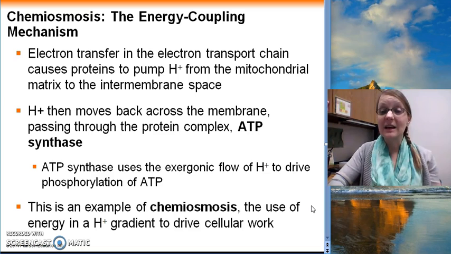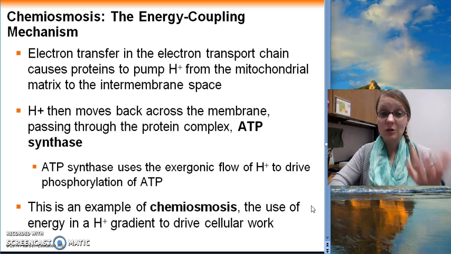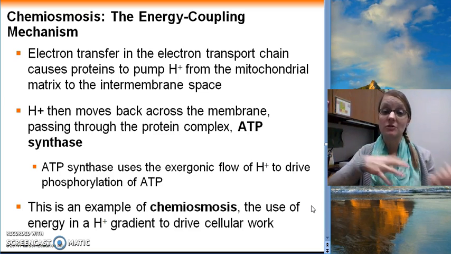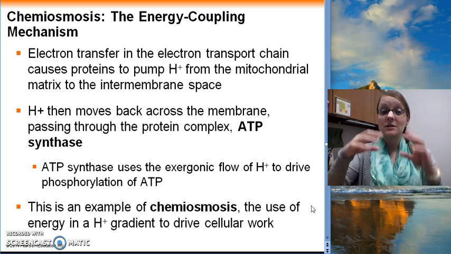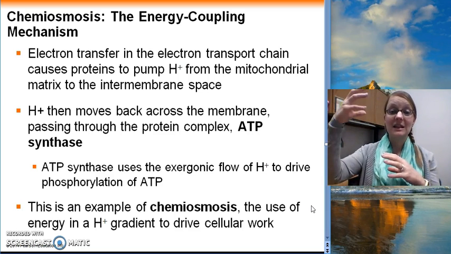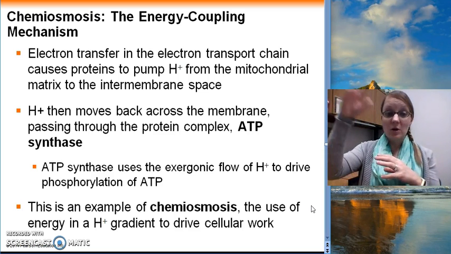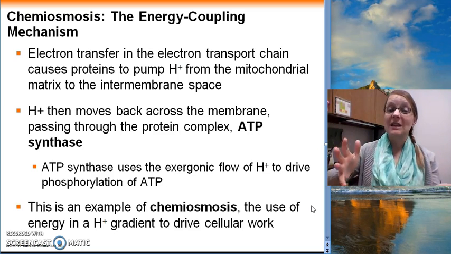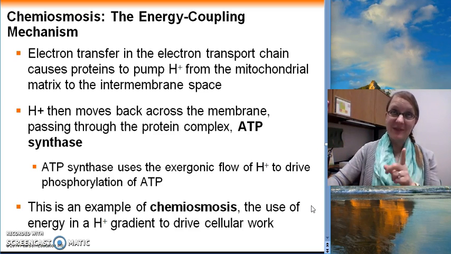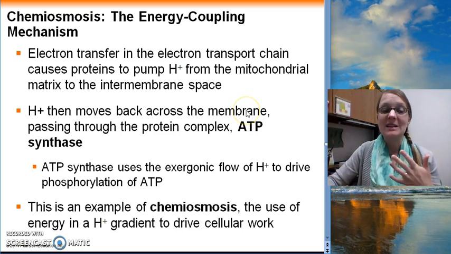Okay, so this slide essentially revisits the same thing which we just mentioned with the previous slide. So the electron transfer and the electron transport chain causes the proteins to pump those hydrogen ions from the matrix into the intermembrane space. Those protons, or hydrogen ions, move back across the membrane. The only place they can do this is through the ATP synthase.